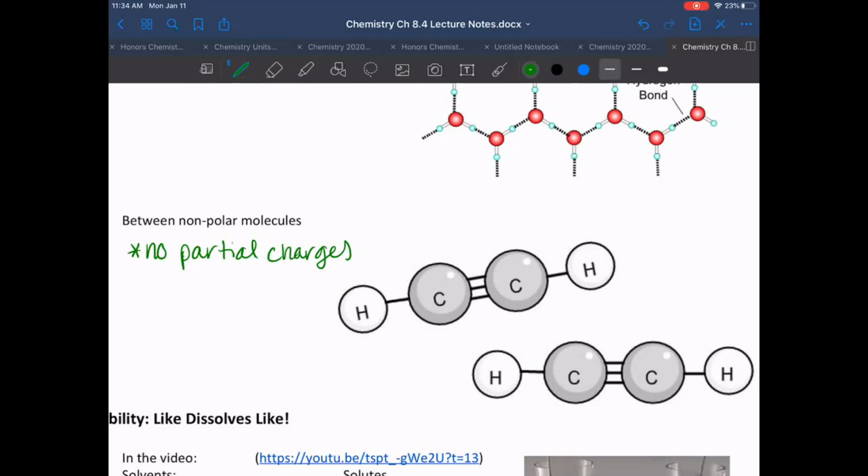However, nonpolar molecules have what are called dispersion forces. And what dispersion forces are, I'm going to make this note here, is they are weak. They're hardly an attraction, but they exist.